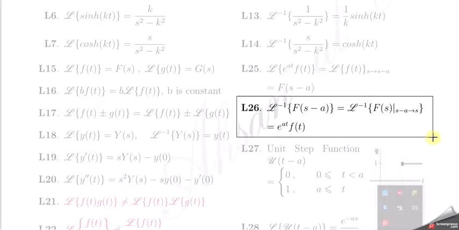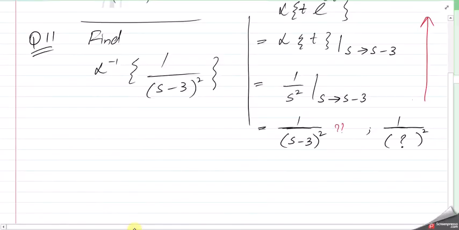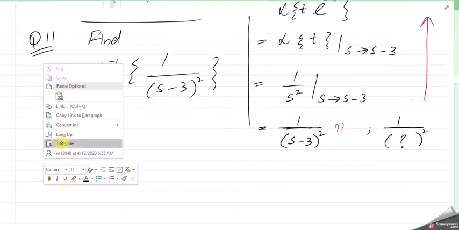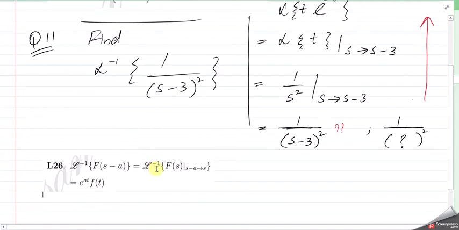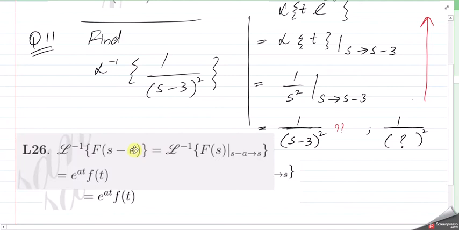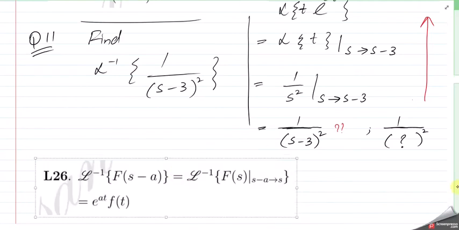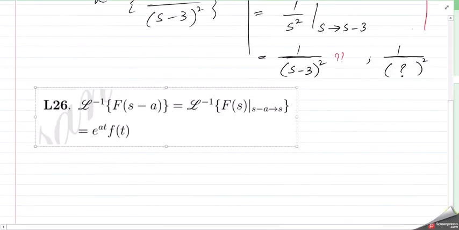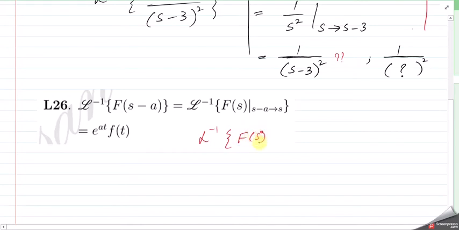So this is our formula, L inverse of f of s minus a. Note that there is not enough space here, but I'll write it again. Laplace inverse of f of s with s minus a goes to s.